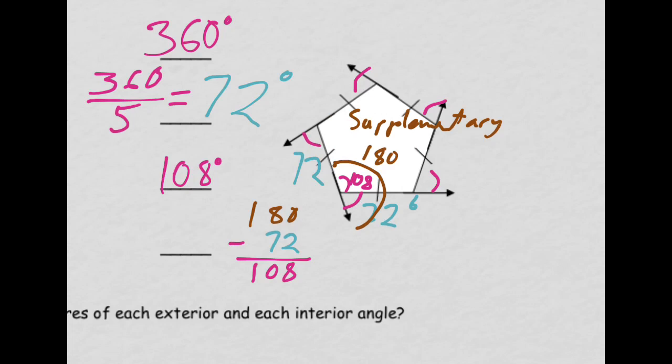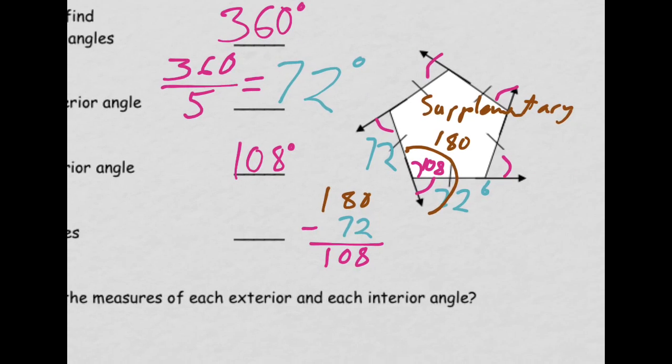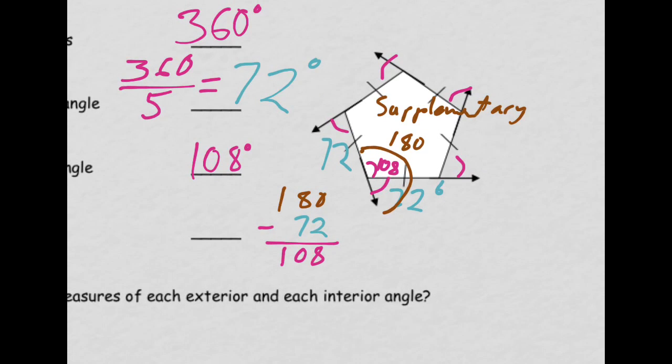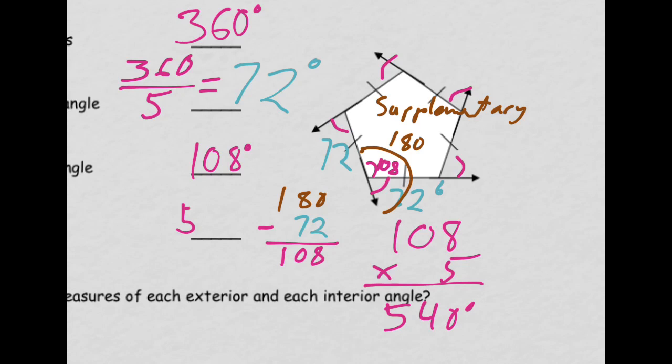So if one of these guys is 108 degrees, then the sum of the entire interior angles is just 108 degrees times 5. And that ends up being 540 degrees, right?